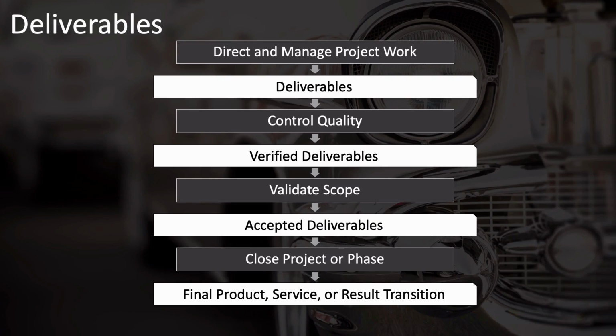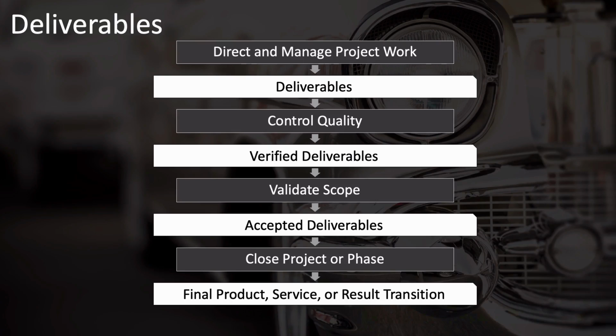As these deliverables accumulate and you have finished all of them, then they all go into the close project or phase process and have a new name again applied to them by the close project or phase process. Now they become known as the final product or the final service or the result transition, whatever the final objective is of the project.